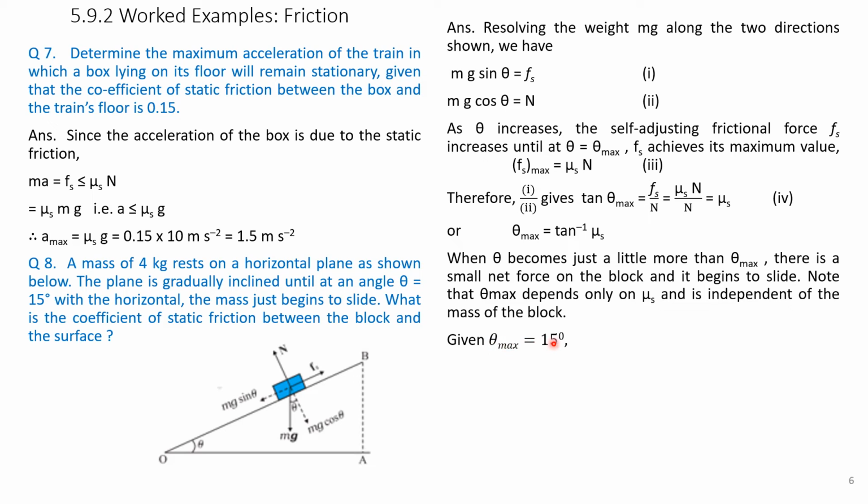From equation 4, substituting the value of theta max, we get mu s equal to tan 15, and from the tables the value of tan 15 degrees is 0.27. That is the answer.